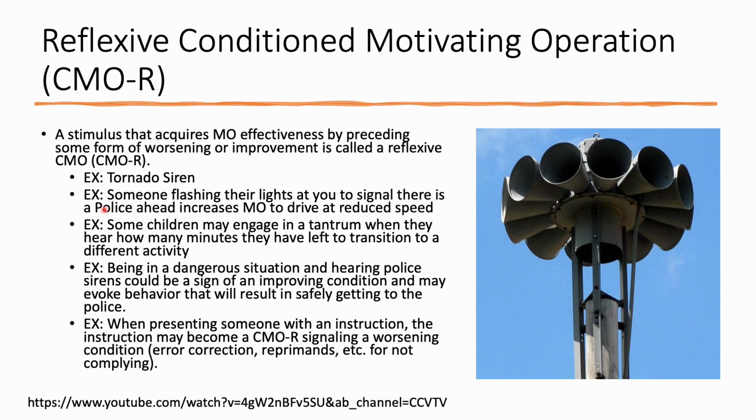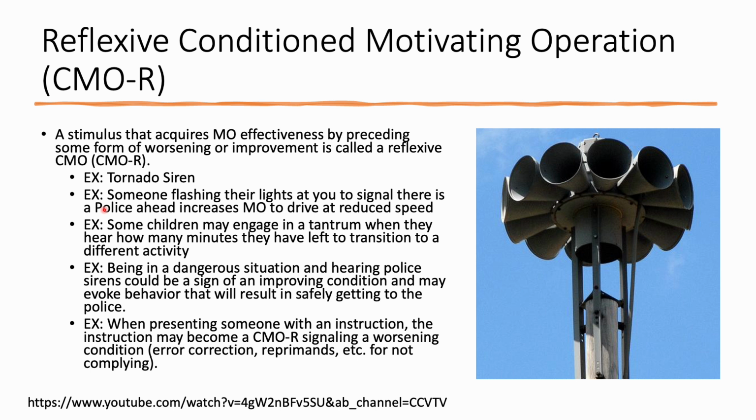Okay, this means different things for different people depending on the region where they live. For some people, a person flashing their lights at you is to signal to you to turn on your own lights. In other situations, a person flashing their lights at you is actually to signal to you that there's a police ahead. And if you know that there's a police ahead, then that might signal to you that you should reduce your speed because you don't want to get a ticket.